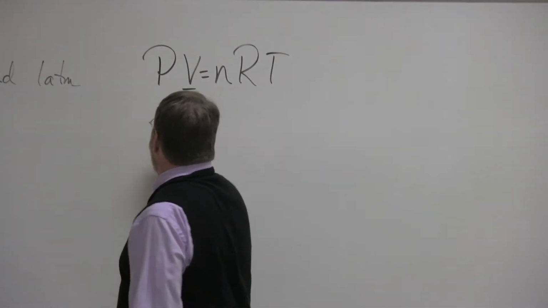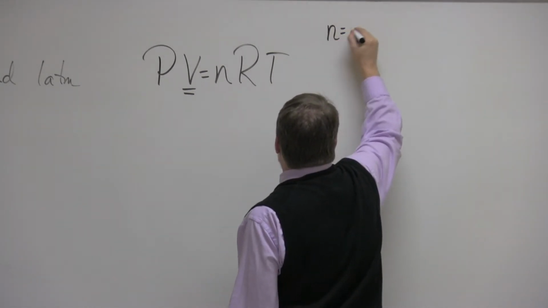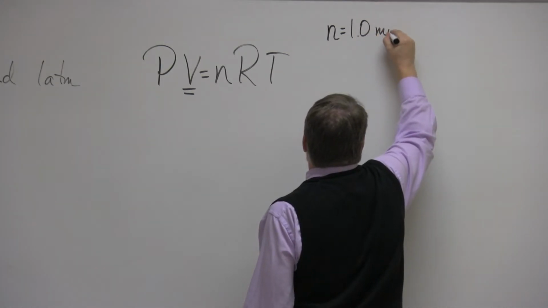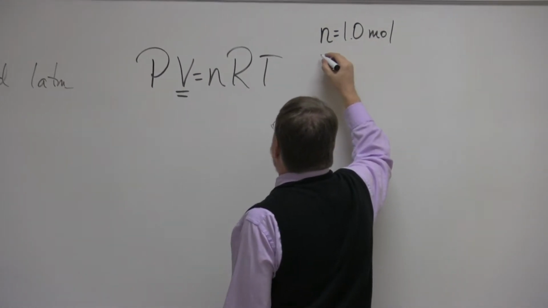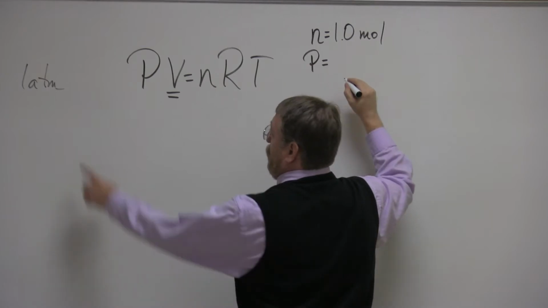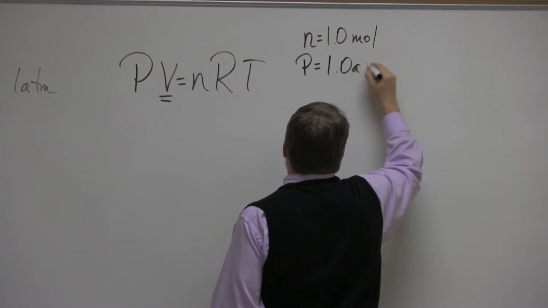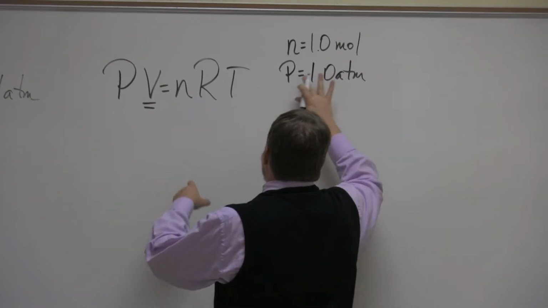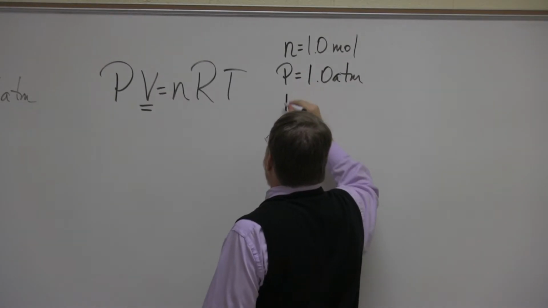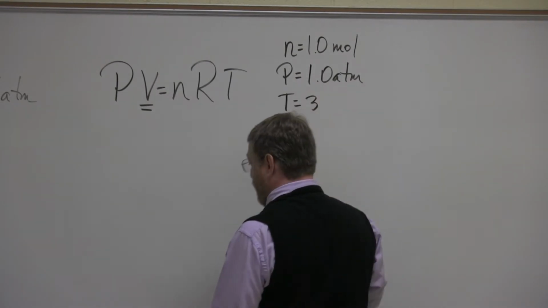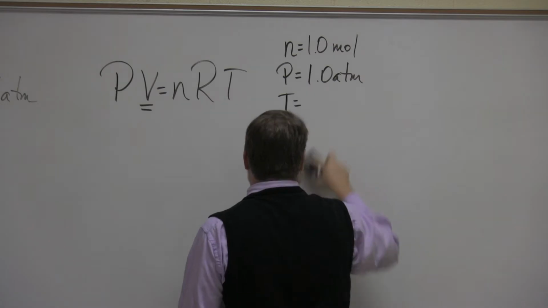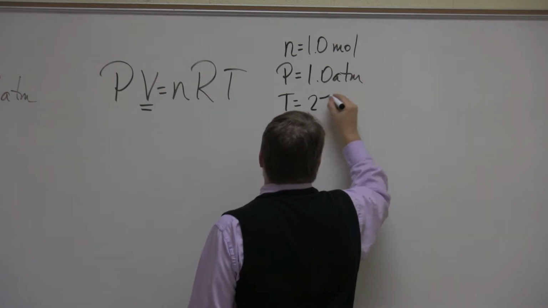We'll say, okay, the number of moles is exactly 1, and the pressure is exactly 1 atmosphere, so we're not going to have a limit on significant figures there. The temperature is 273.15, 0 degrees Celsius.